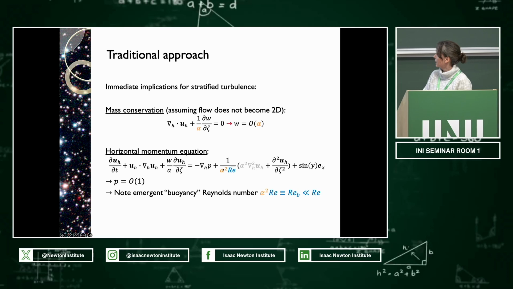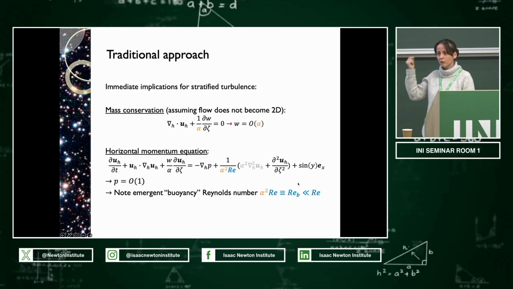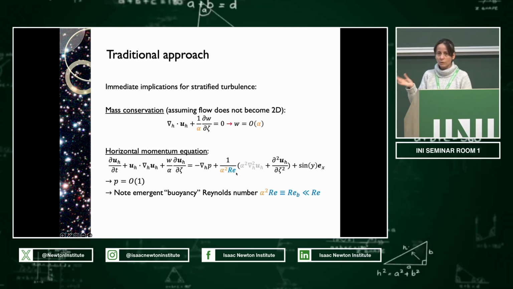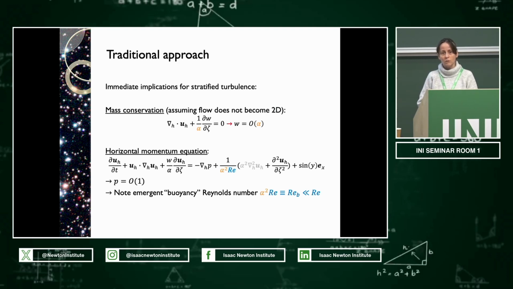And then you can look at the viscous term here and notice that the correct Reynolds number for the system is no longer the original Reynolds number, but this rescaled Reynolds number, alpha squared Reynolds. That's a very well-known quantity in stratified turbulence called the buoyancy Reynolds number. But because alpha is small, you can see that this buoyancy Reynolds number can be quite small, even if the original Reynolds number is big.